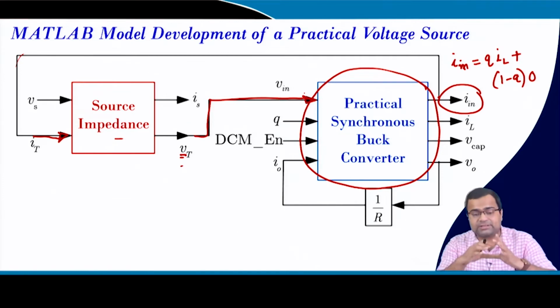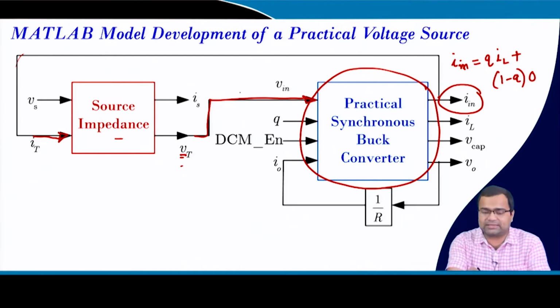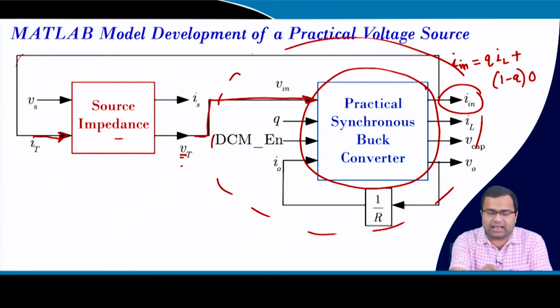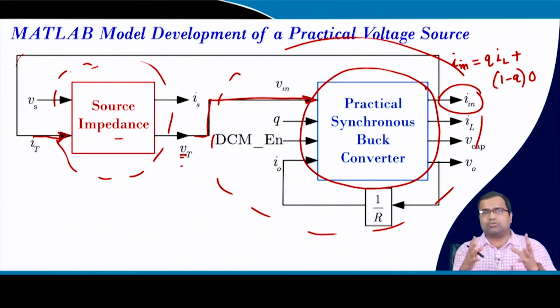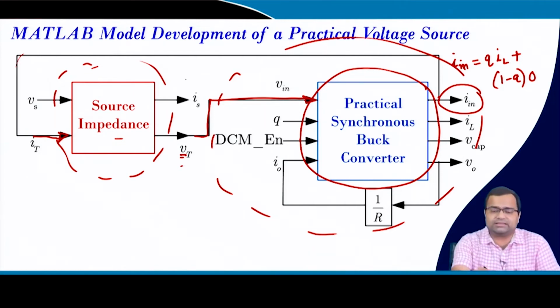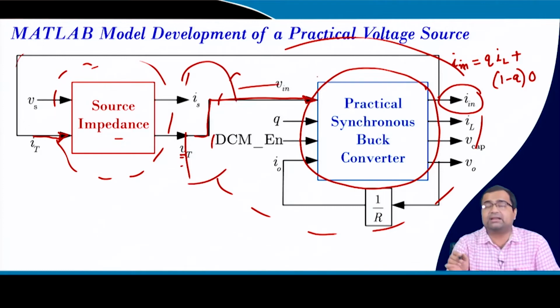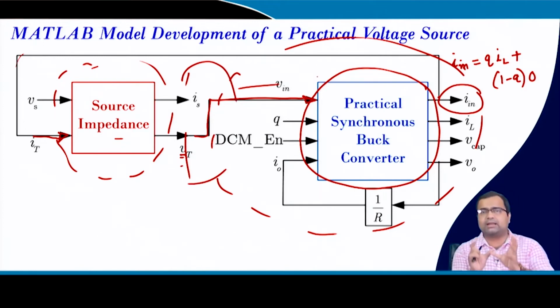That means, if we just connect them, it is like a drag and drop model, right. As if we have a converter and here we have another model. If you want to add another module like an input filter, you can just connect it in between, and it is again a drag and drop model. So, these models are plug and play type. You develop one model, but you need to create the terminals such that you can interconnect the source or any other converter.